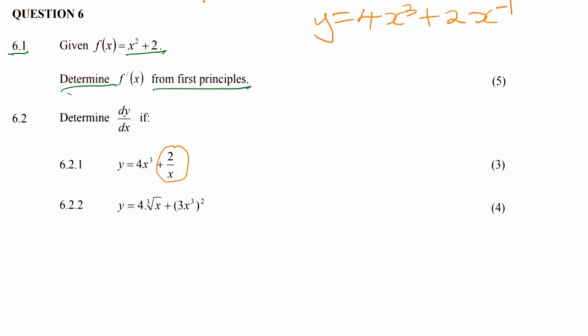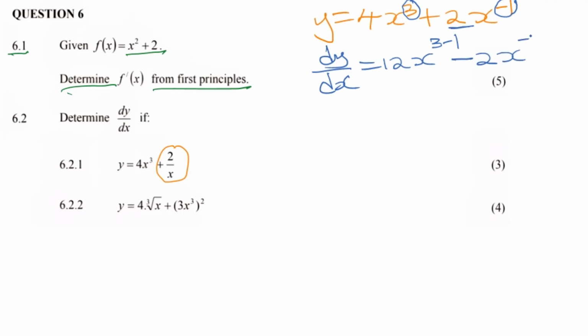So now we can start differentiating. So we will have dy over dx. This exponent, which is power of 3, is going to multiply 4 to give us 12. So we will have x there, and then that will be 3 minus 1. On this side, the exponent, which is negative 1, will multiply the coefficient there, so we will have a negative 2x to the power of negative 1. We must subtract 1 as well there.